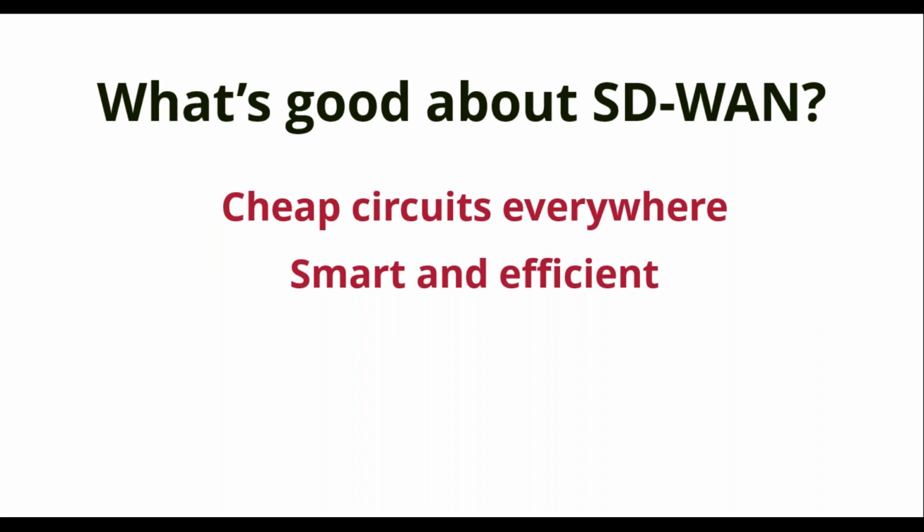Gone are the days when you would haul internet traffic from a remote site back to a core data center just to get it into a firewall. With SD-WAN, you don't have to do that. You don't have to waste that backhaul bandwidth. And since it's so smart and so efficient, you can use much smaller circuits than you otherwise would have. That helps you with the cost. It really is just brilliant.